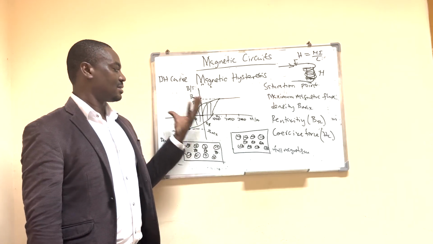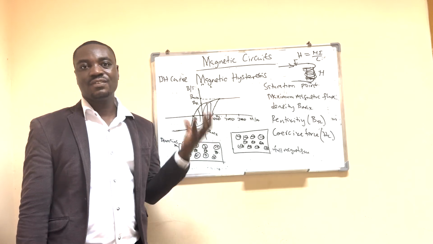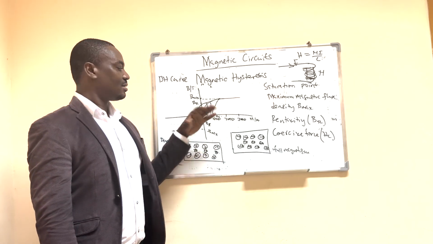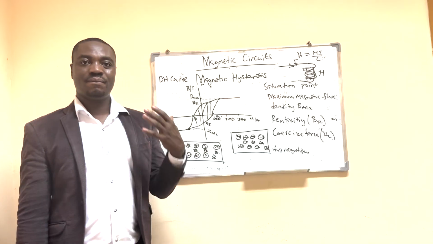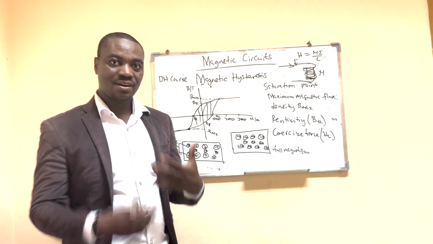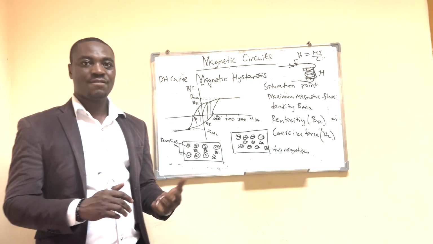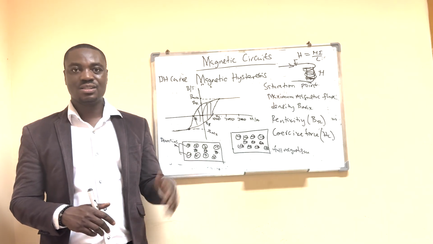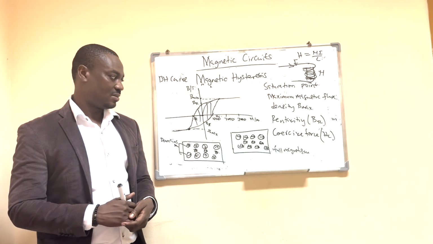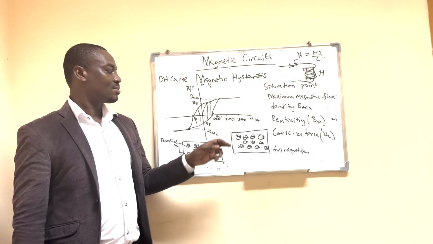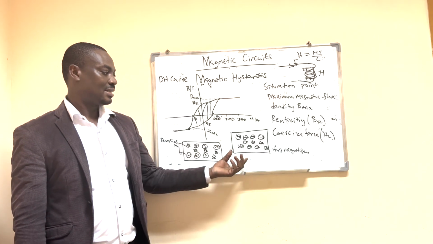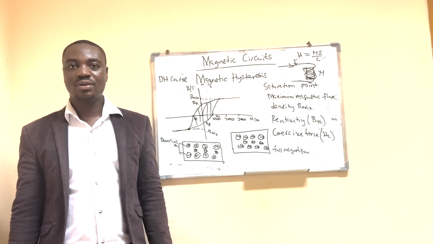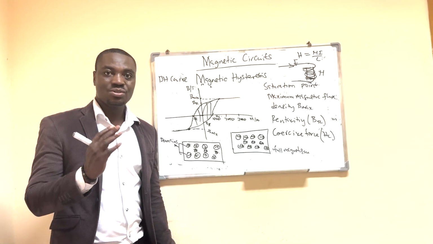And this is the hysteresis loop. And you can see that different materials will have different loops, right? Because depending on the kind of ferromagnetic material, we have hard ferromagnetic material and soft ferromagnetic material, right? And when we talk about the saturation point for each of these materials, that will also depend on the nature of each of these materials.